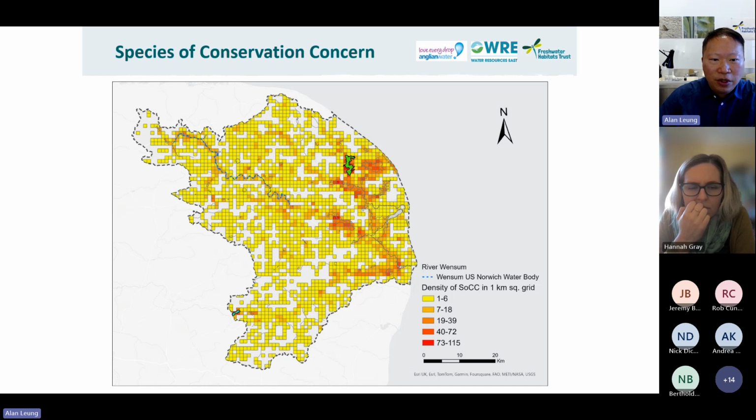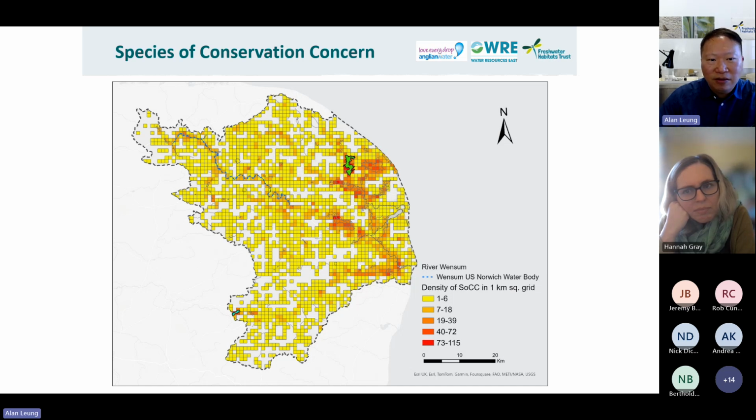From this map, you may find that certain grid squares, each 1 km by 1 km, can support more than 100 species of conservation concern. Some of these grids are, for example, around the Ends, Forests and Marshes SSSI.